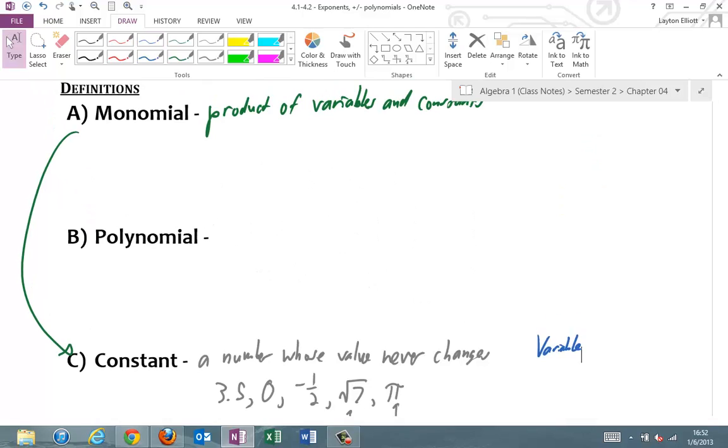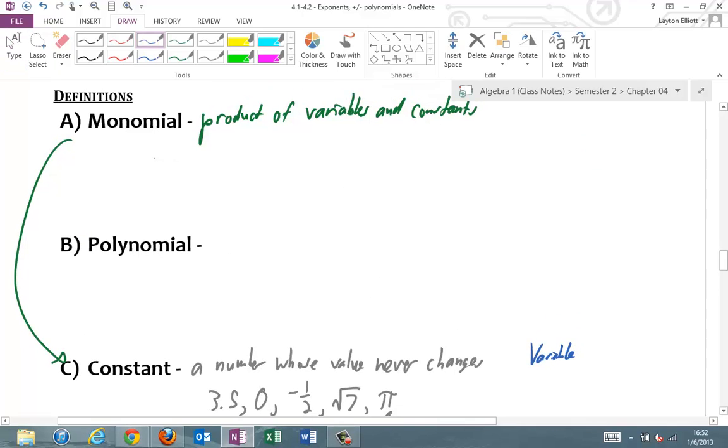So an example of a monomial is something like 7x squared. Another example of a monomial is the number 3. Another example of a monomial would be 14x squared y.